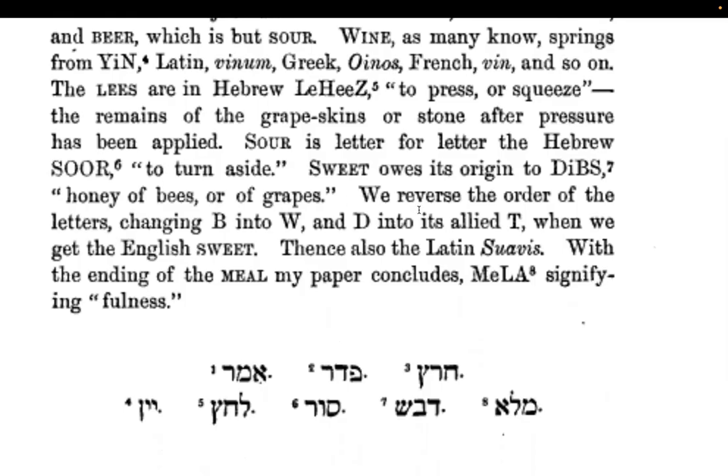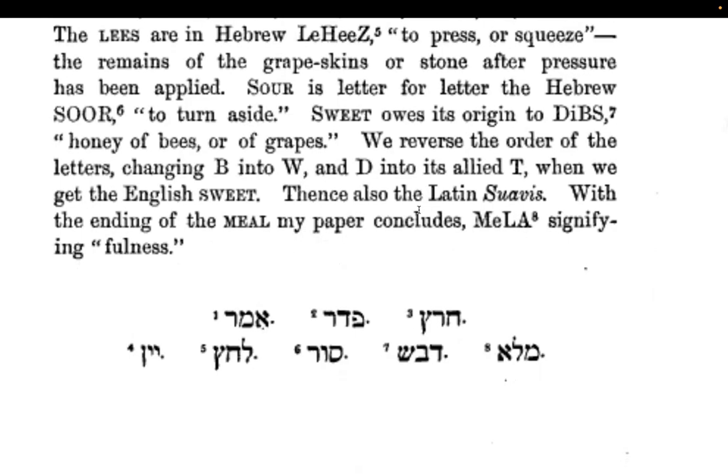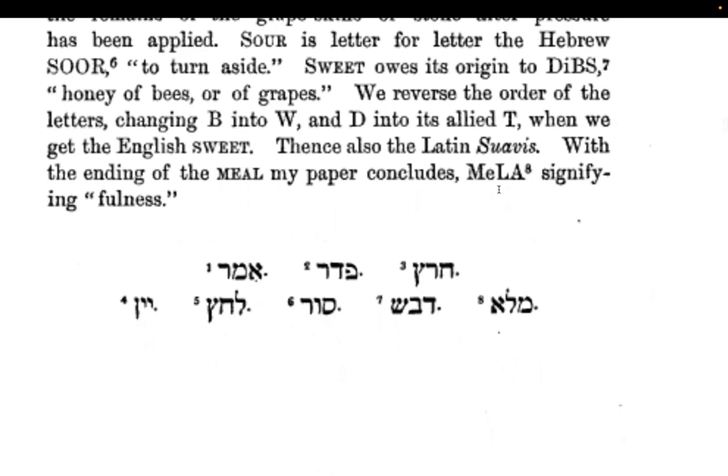We reverse the order of the letters, changing B into W and D into its allied T, when we get the English sweet. Thence also the Latin suavis. With the ending of the mil, my paper concludes: mela, signifying fullness, mela, to be full.